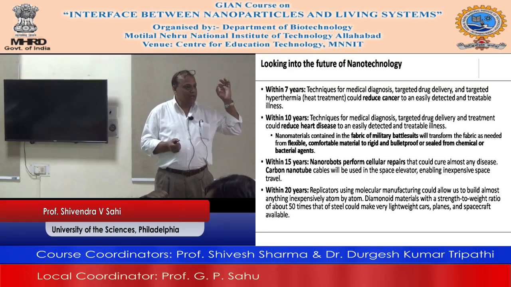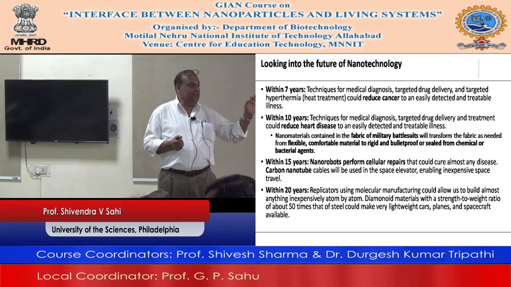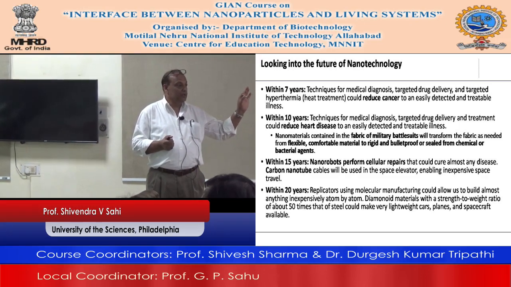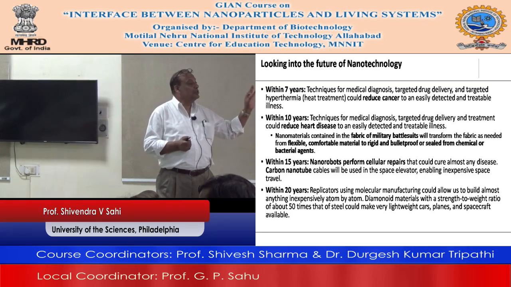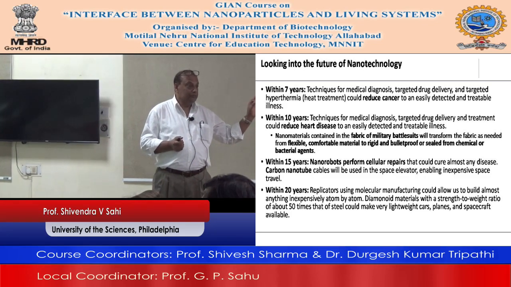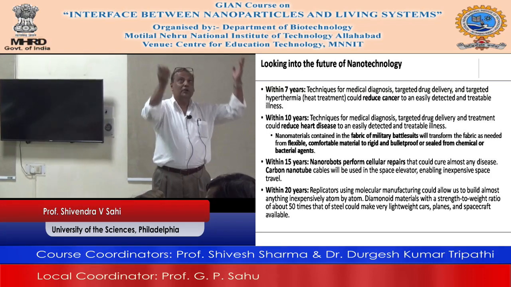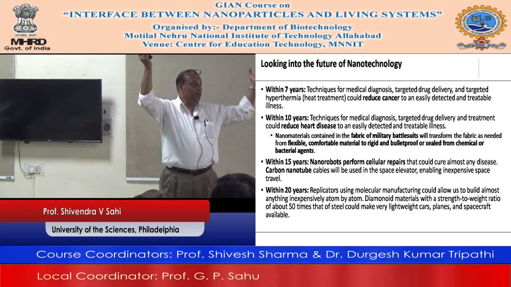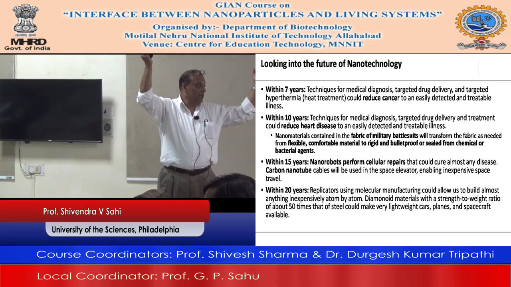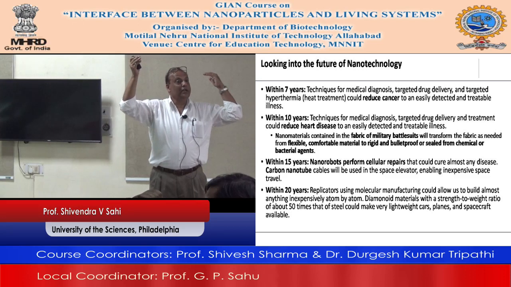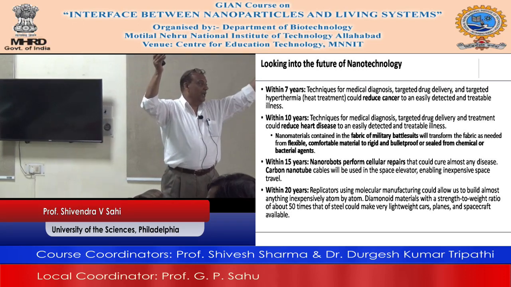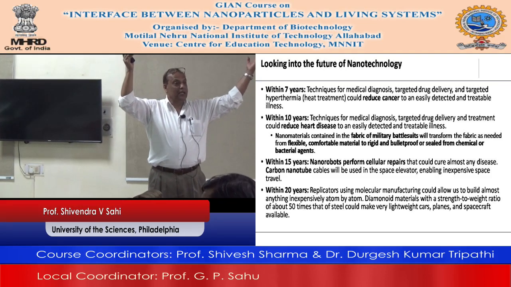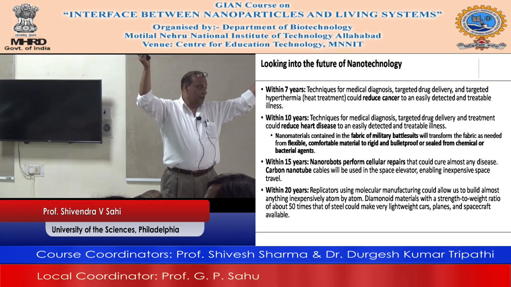It will be stronger than steel, but the weight is going to be 50 times lower. Very light cars. Planes too, they are using all kinds of fabricated materials now in planes. That's the reason a plane can fly for a long time without stopping.